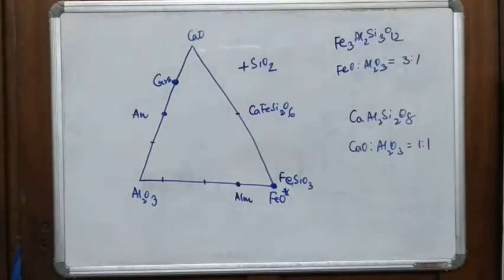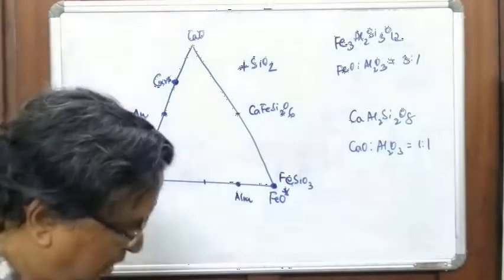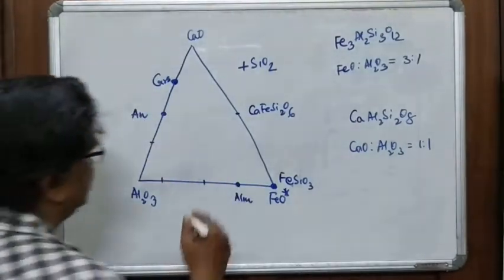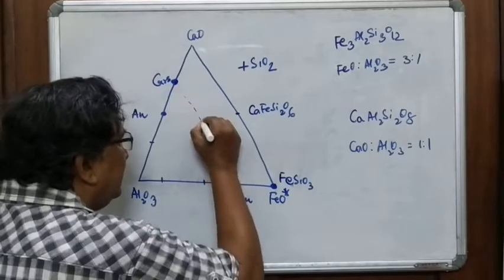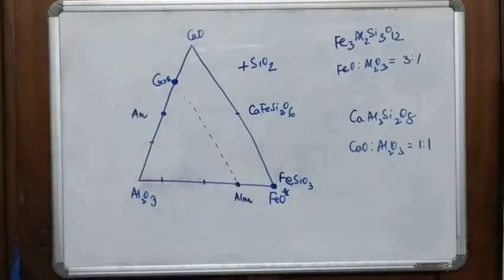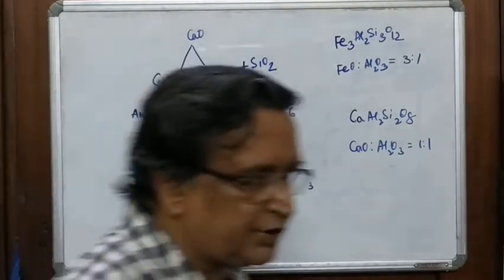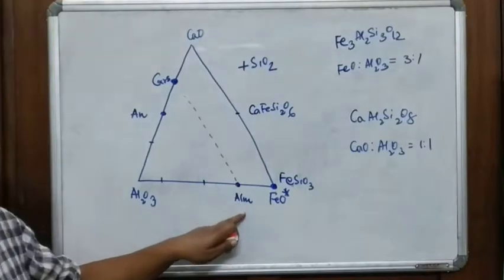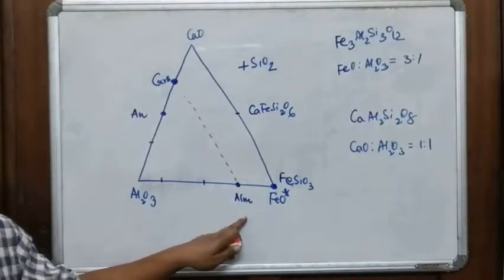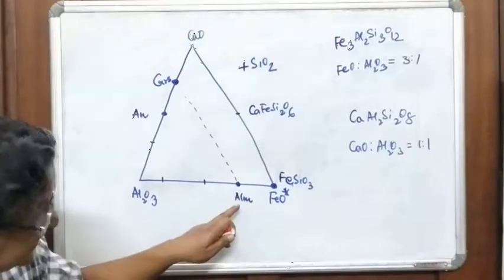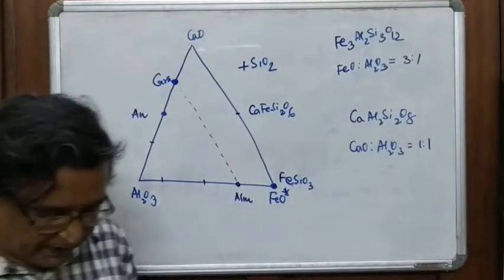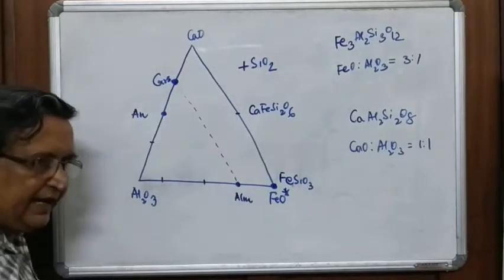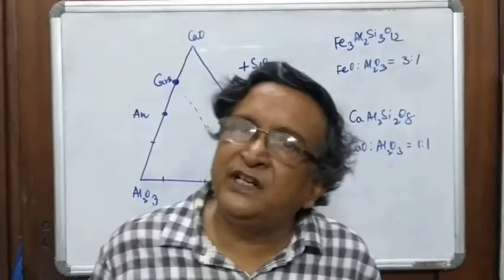So the garnet composition should lie on this line, because it's a solid solution between grossular and almandine. Remember, your almandine also contains pyrope. This is fictitious. So now, if your garnet lies on this line, then what are the possible reactions?